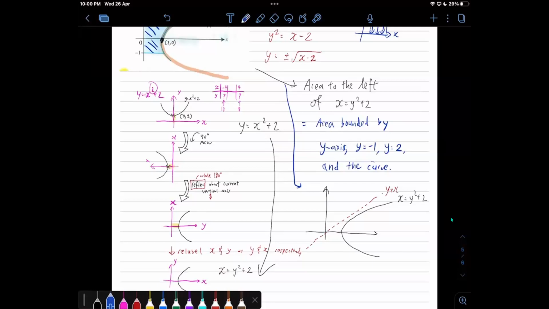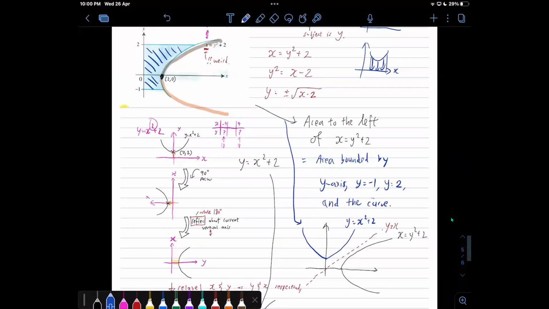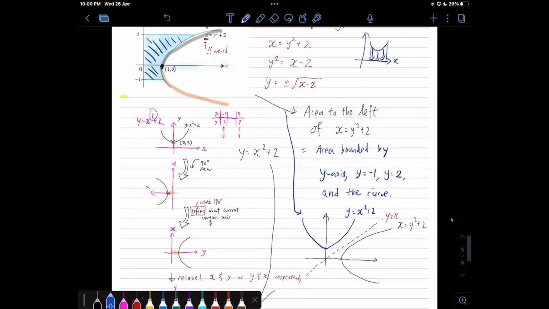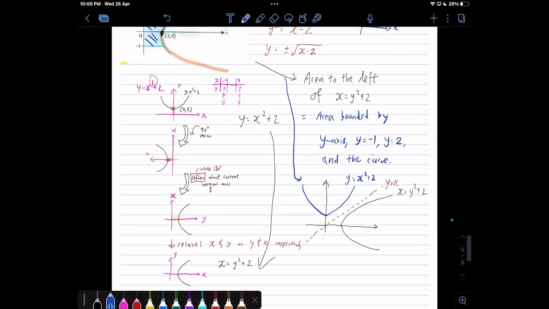And as a result, I will end up with a quadratic curve like this, which was what we just found. It is y equals x squared plus 2. So finding the area from y equals -1 to y equals +2 is equivalent to finding the area from x equals -1 to x equals +2. Sorry, +2 should be over here, more precisely.